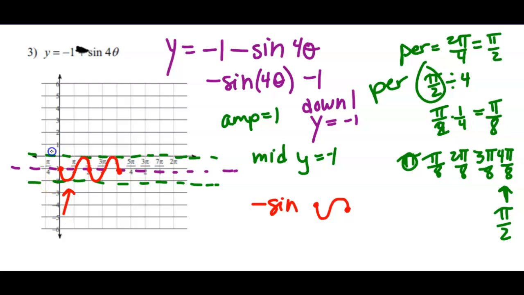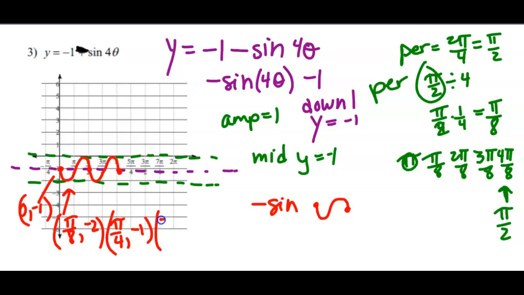So it started at 0, negative 1. Then it went to pi over 8, down to negative 2. And it's back at the midline, which was over another 1/8, which would be 2 pi over 8 or pi over 4, and it's back at the midline.